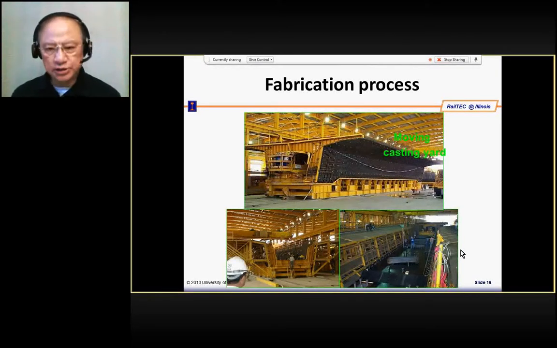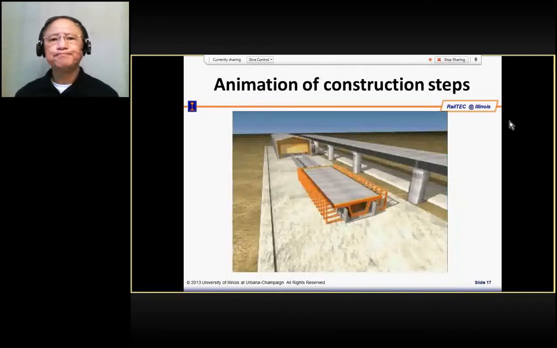Of course, this is the pre-stressed one, so you have to do the pre-stress, and after the pre-stressing you can start concreting. These are all the pre-stressed wires which come out of here. So this is the fabrication of the girder.